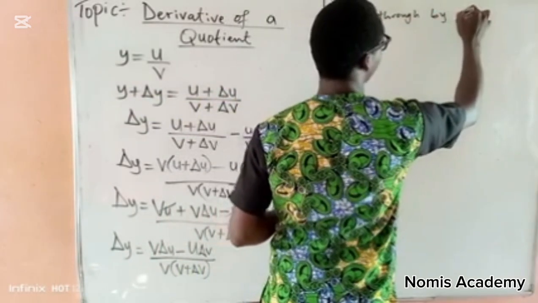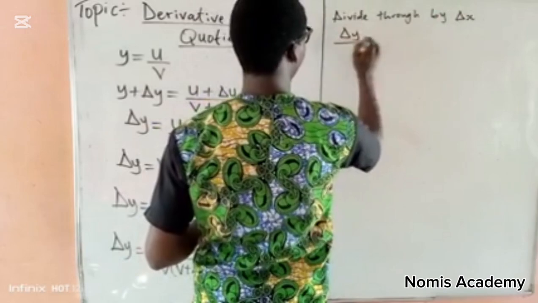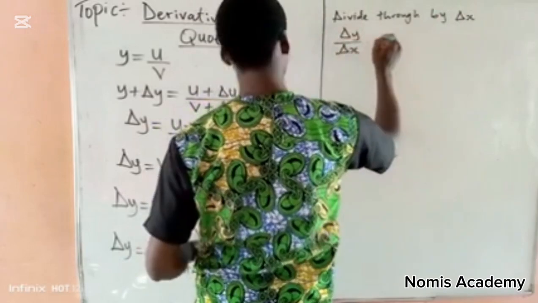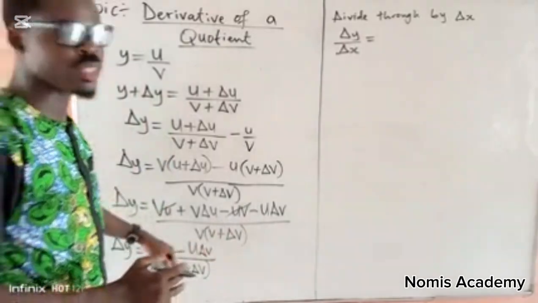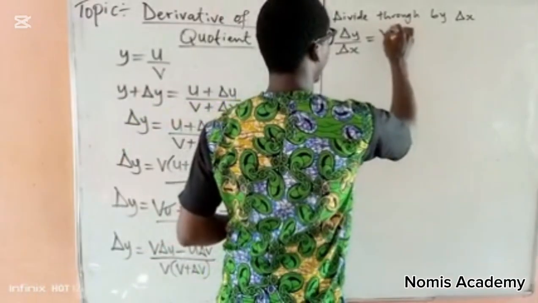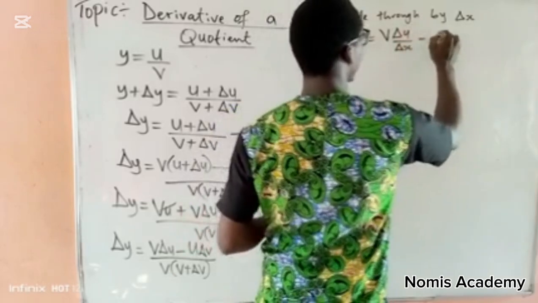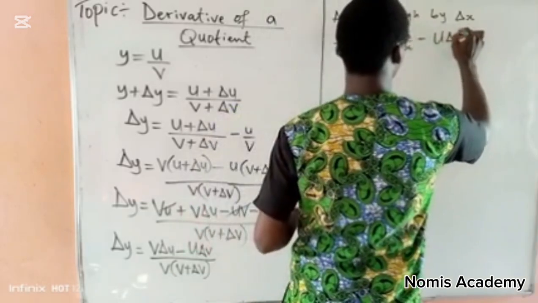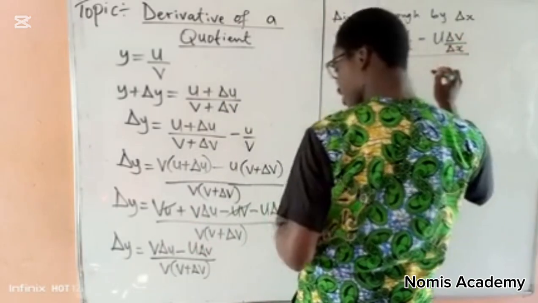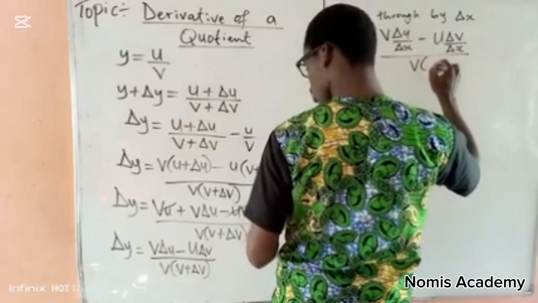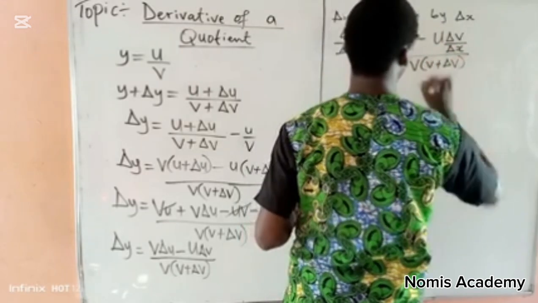Delta y all over delta x equal to, since we are dividing through by delta x, the numerator will have the division, and that will be v delta u over delta x minus u delta v over delta x, all over v into v plus delta v.